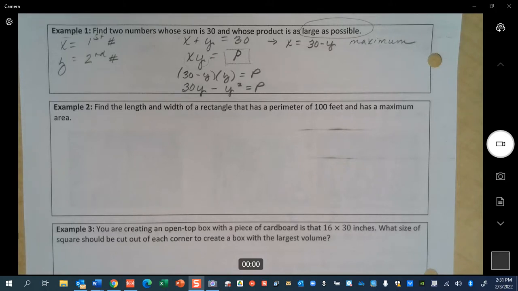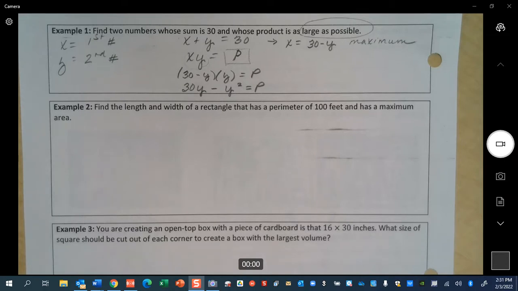And now I can find the derivative. What I want to find is when the derivative of this equation is equal to 0, if I want to find my maximum product, right?